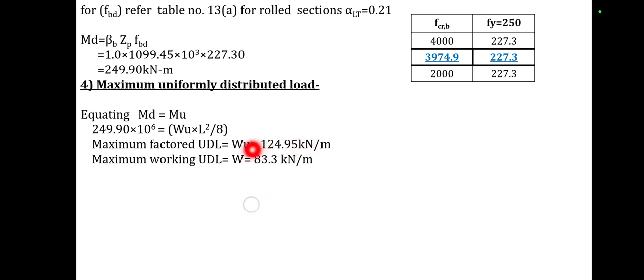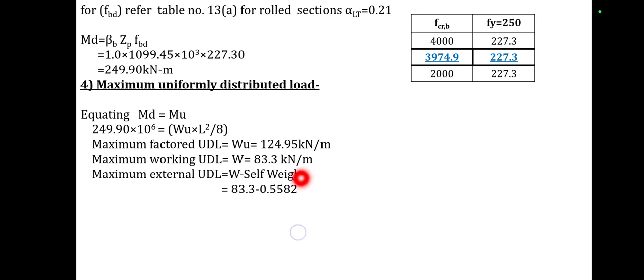Now, this maximum factored load is calculated by multiplying our actual working load by 1.5. That's why we have to divide this maximum factored load by 1.5, and we get the maximum working UDL as 83.3 kilonewton per meter.